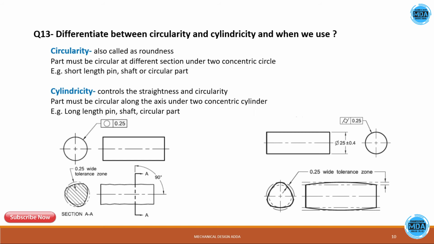Circularity is used for a short length pin, shaft or circular part; where the short length is available, we apply circularity to the object. And if there is a long pin, shaft or circular part, then we apply cylindricity.